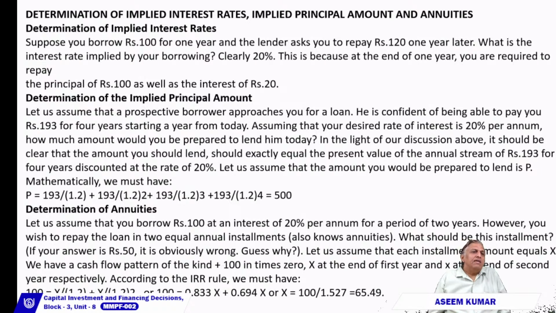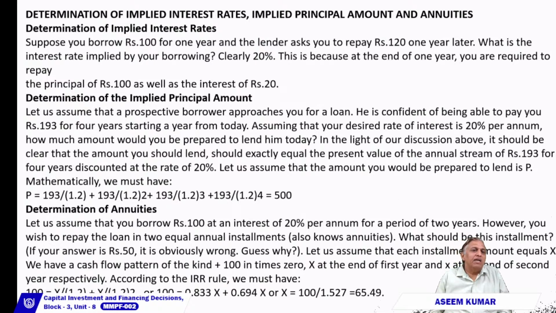Let us look at the determination of implied interest rates, implied principal amount, and their annuities. Determination of implied interest rates. Suppose you borrow rupees 100 for 1 year and the lender asks you to repay 120 1 year later.